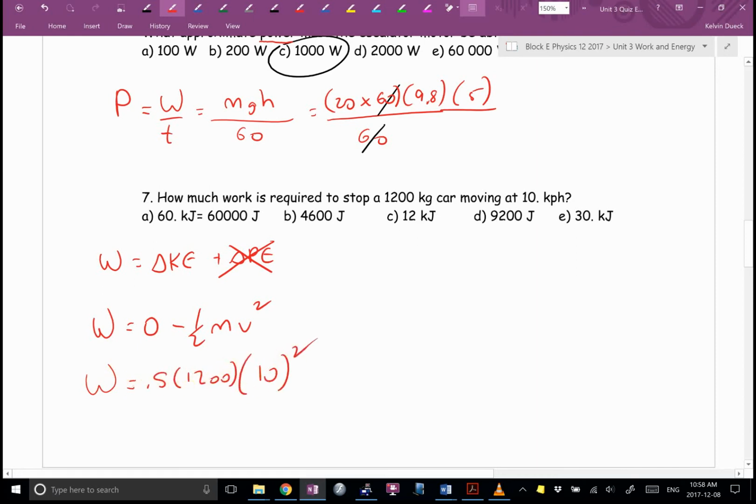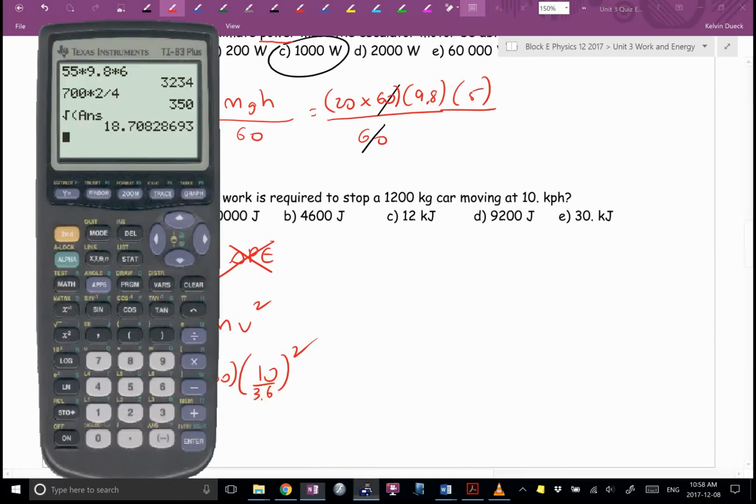Why is that wrong? Oh, I got to divide by 3.6. And I'm lazy enough, I'm going to do that all in my calculator. Half m, and then in brackets, 10 divided by 3.6 squared. And I get B. Yes?